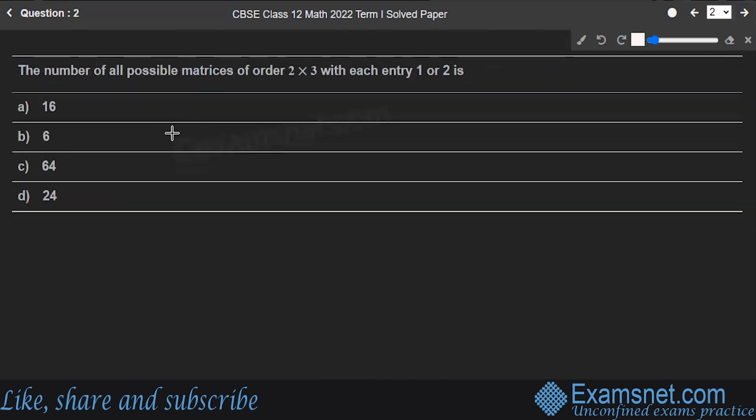Next is question number 2. Find the number of all possible matrices of order 2 by 3 with each entry 1 or 2. You're given that the order is 2 by 3, so there will be 6 elements in this matrix. Each place can have either 1 or 2, so each place can be filled in 2 ways.